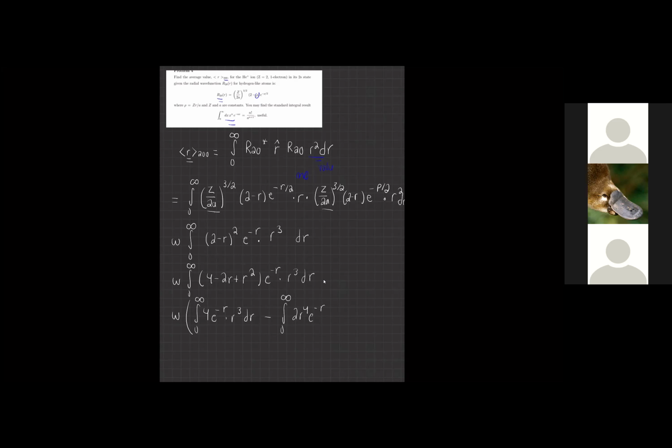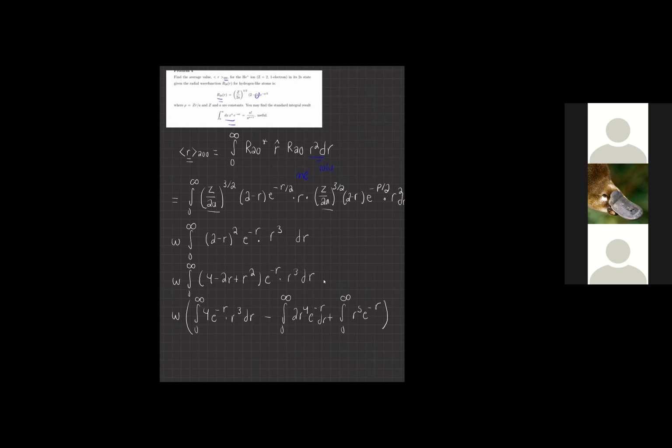Yeah, okay. And then it's going to be plus 0 to infinity r to the fifth, e to the minus r. Now I think I simplified everything correctly.